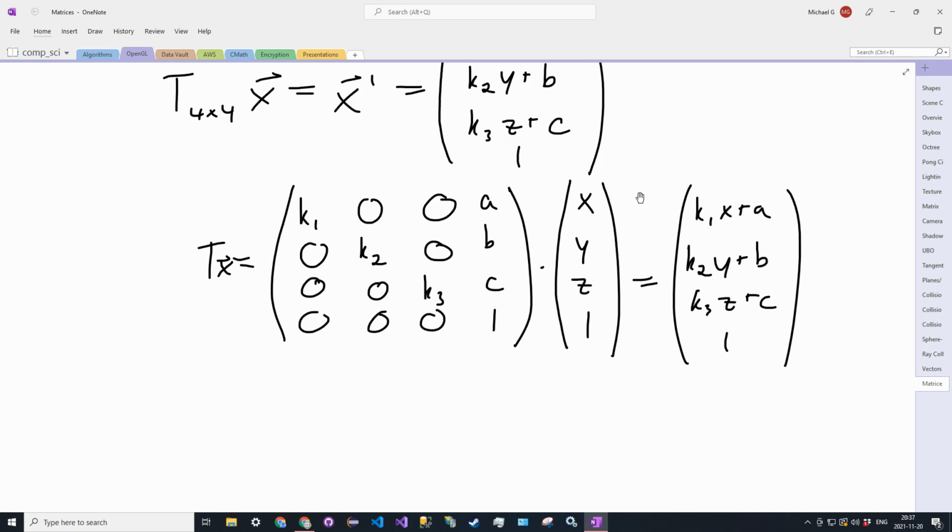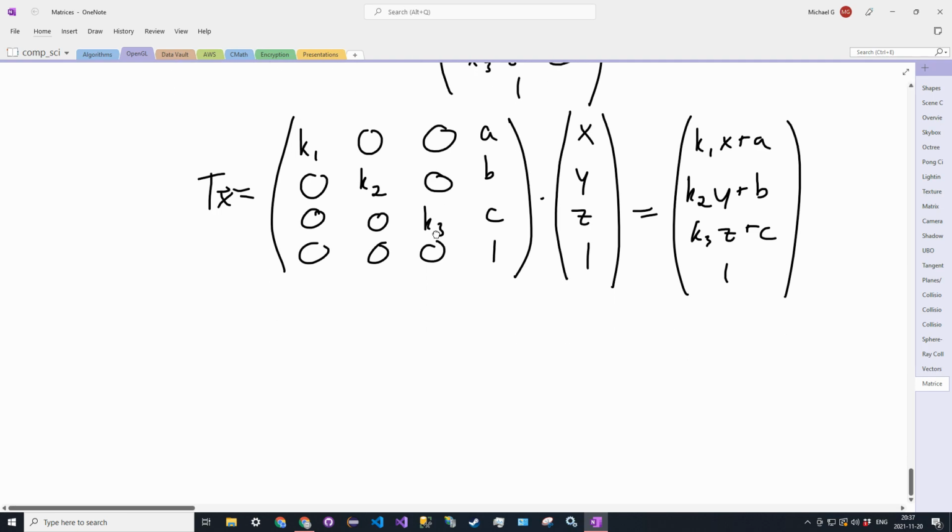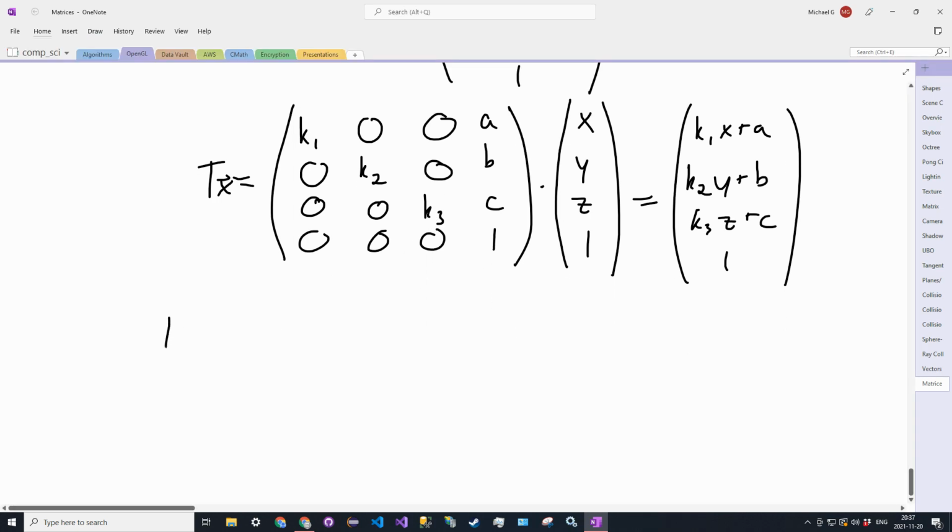To combine transformations, if we wanted to do T scale times X and then translate it, that's just a composition of linear transformations. If you know linear algebra, you'll understand this, but if you don't, you just have to trust me here. We're just multiplying the matrices, and you can kind of see that in the form here.